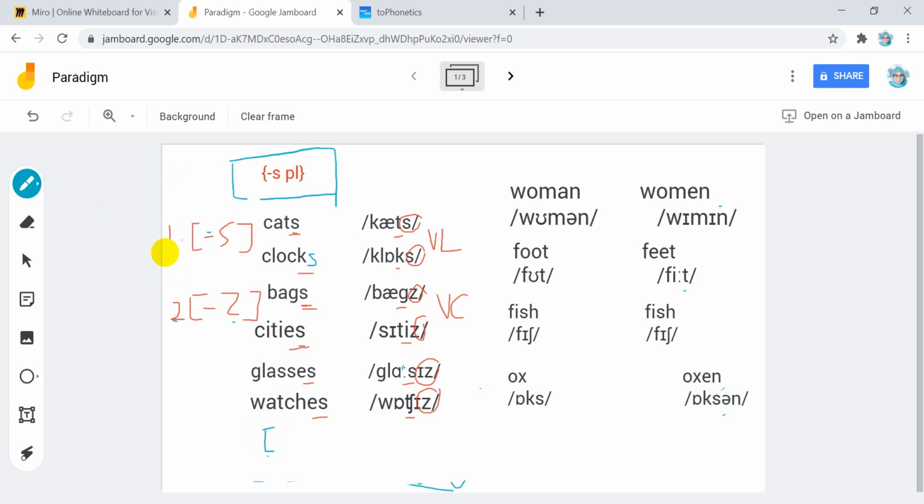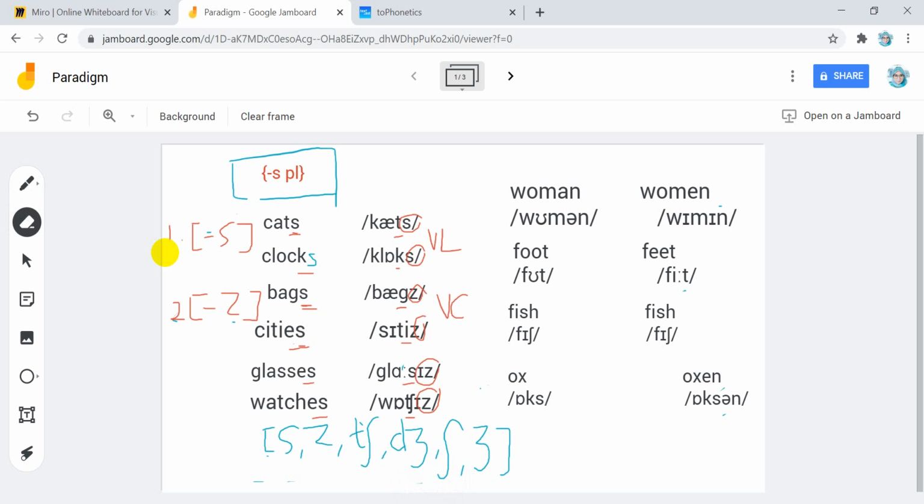There are 6: S, Z, Ch, J, Sh, and J. So these are called sibilants.